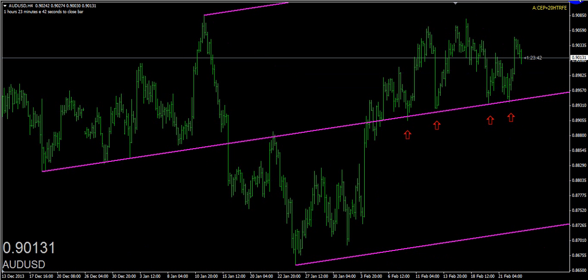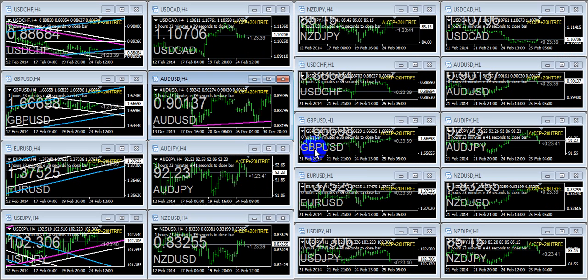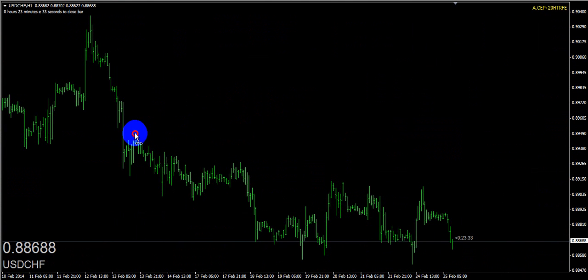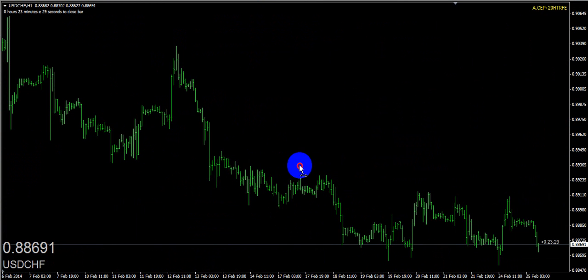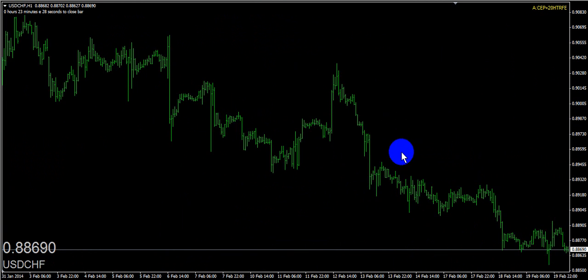So now we will go to the 1 hour time frame for these same currency pairs. US dollar Swiss 1 hour chart, and see if it's possible to find any trading opportunities.